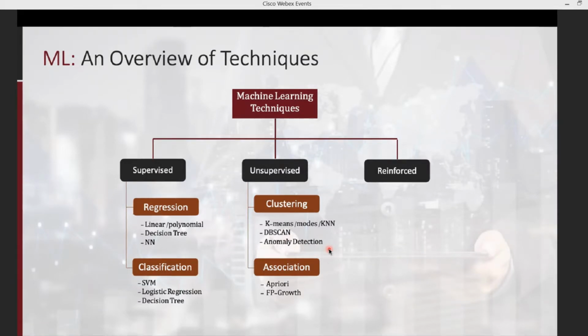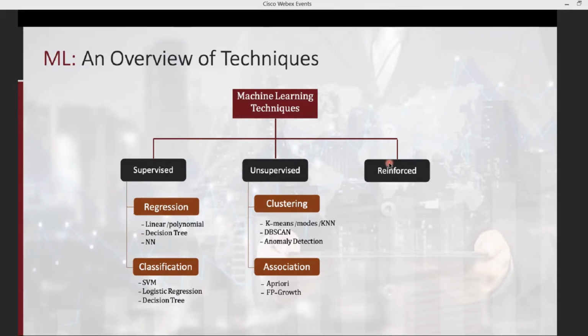It is used in fraud detection, fake news detection, and other things. Then, as I talked about the association rule, we have Apriori algorithms and FP growth algorithms to identify relationships in data. And then we have reinforcement algorithms. They are a bit less talked about because of the complexity they handle.